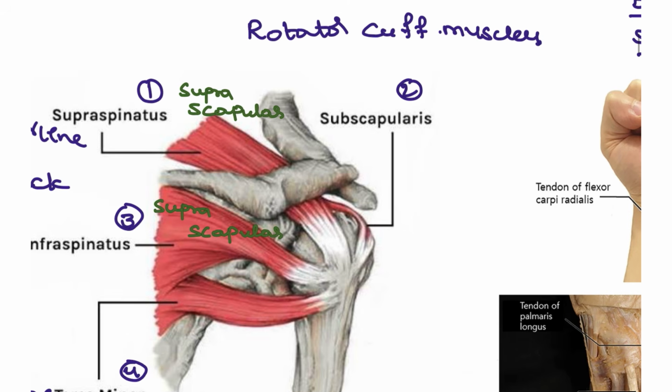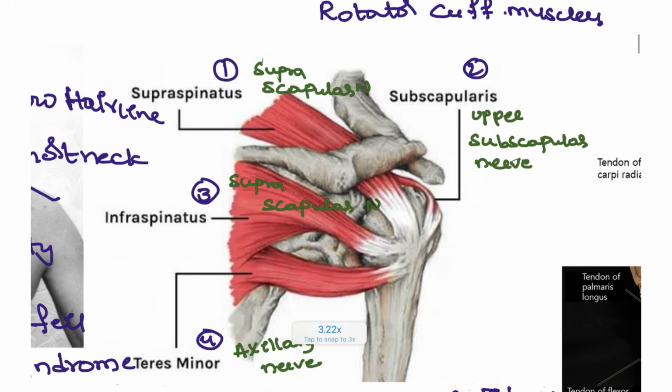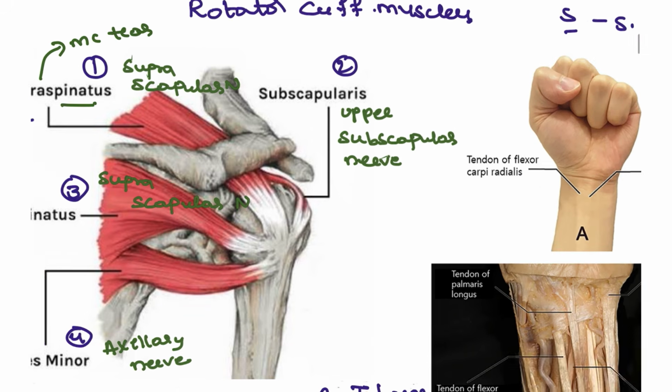And next, subscapularis is supplied by the upper subscapular nerve. Okay, next, what about teres minor? Teres minor is innervated by the axillary nerve. Okay, these are the important muscles that you have to remember. What is the most common tear that is associated? The most common tear is associated with the supraspinatus.